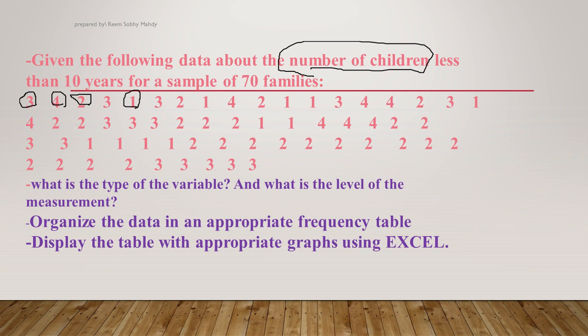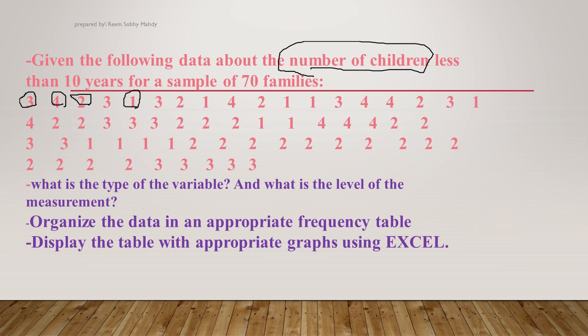We have an example here. Given the following data about the number of children less than 10 years for a sample of 70 families, and this is our raw data about the number of children. Their ages are less than 10 years. For the first family here, they have 3 children less than 10 years. For the second family, they have 4 children less than 10 years.